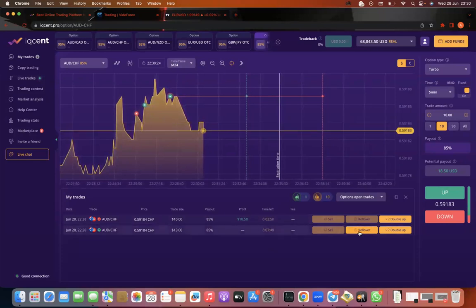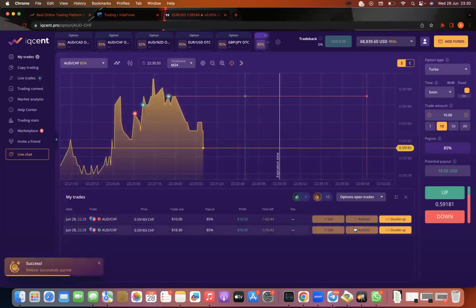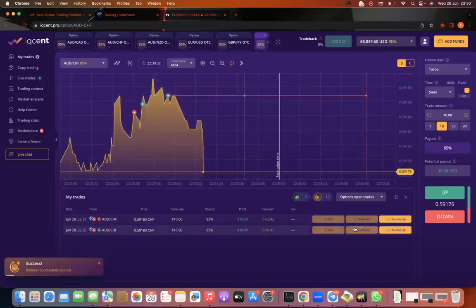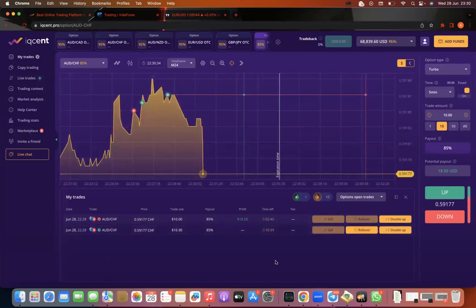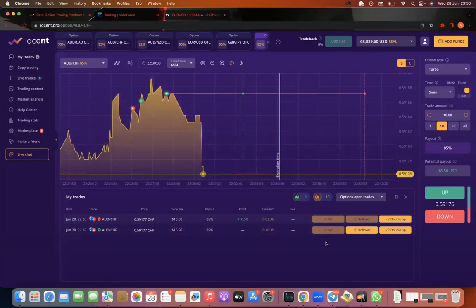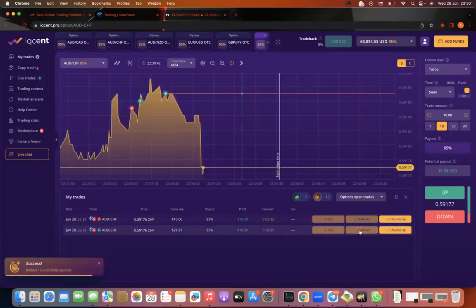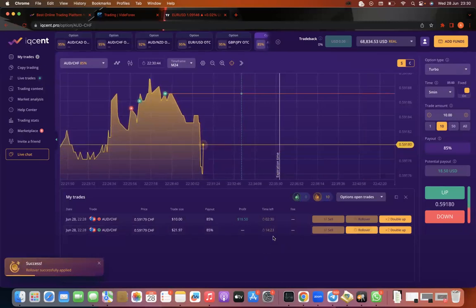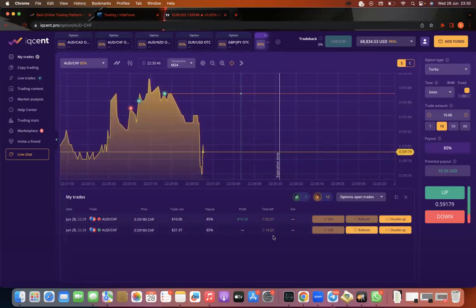So if I click on rollover again, what happens? This is 5:46. Have you seen? 10:46. I will click on rollover again at that time. It has increased.